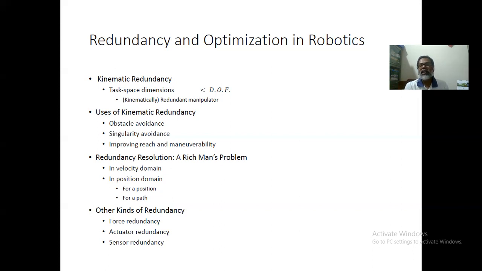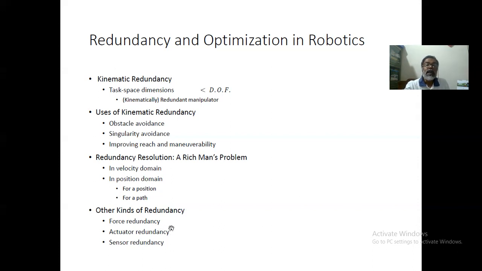Then you will have actuator redundancy: to actuate a particular degree of freedom, you can use one actuator or another actuator because you have put more. And there the redundancy resolution would mean the choice of this actuator or that actuator, or a distribution of torques at the different actuators. So in a way that has some relationship with force redundancy.